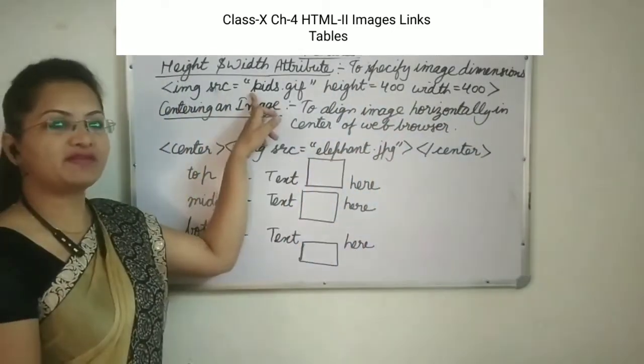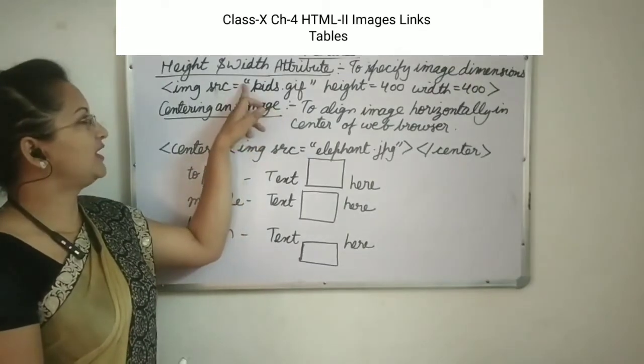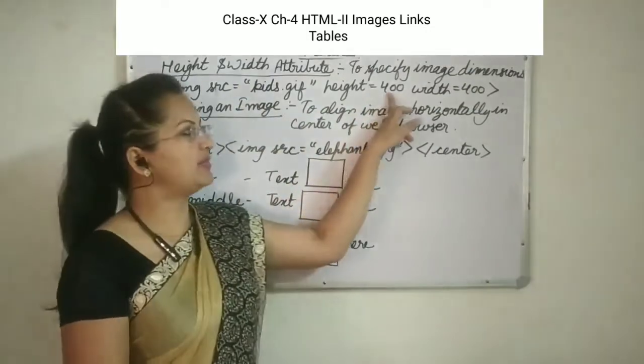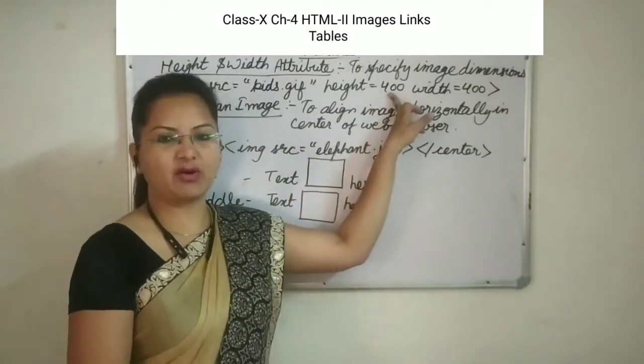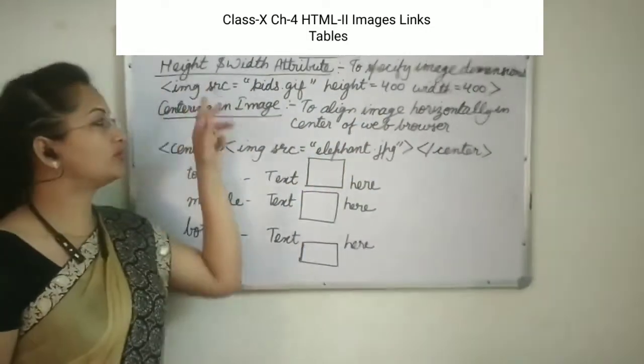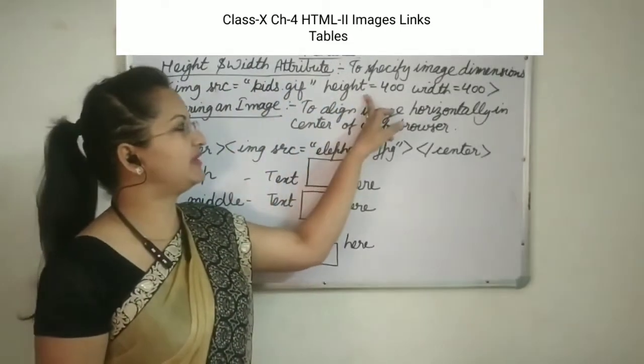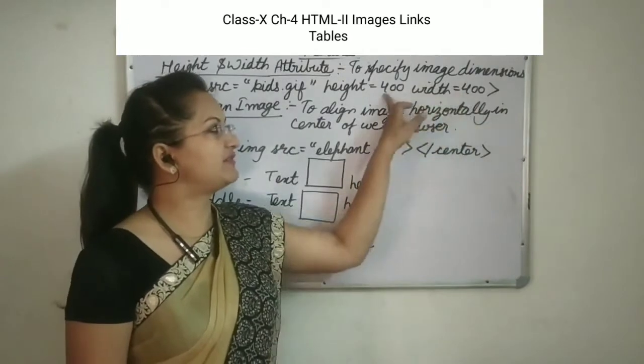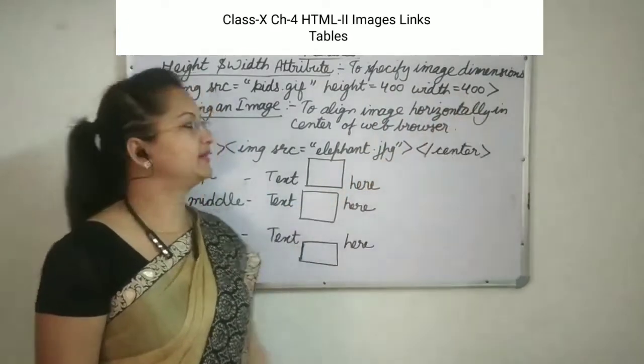I hope you have studied this earlier: if we are using text, we have to enclose the value in double quotes, and if we are using numbers, we can write the numbers as they are without any double quotes. So to set the height and width of the image, we use the height and width attributes like this. In this, we have to specify the value in numbers.